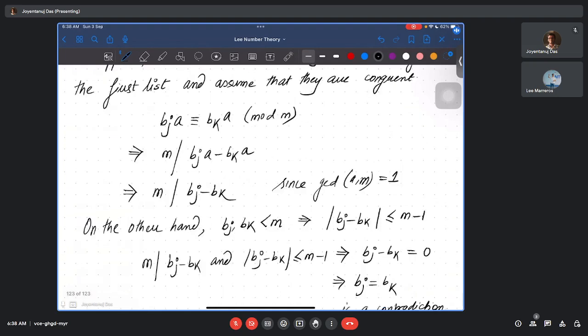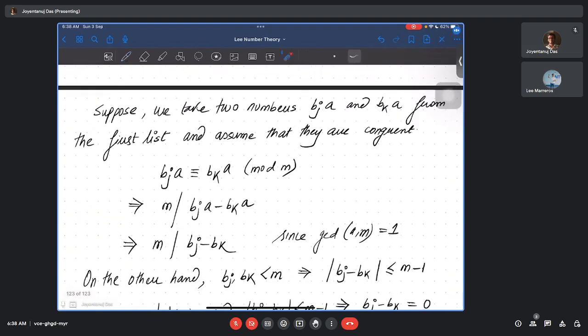Contradiction to what? To the assumption that two numbers in the first list are congruent.